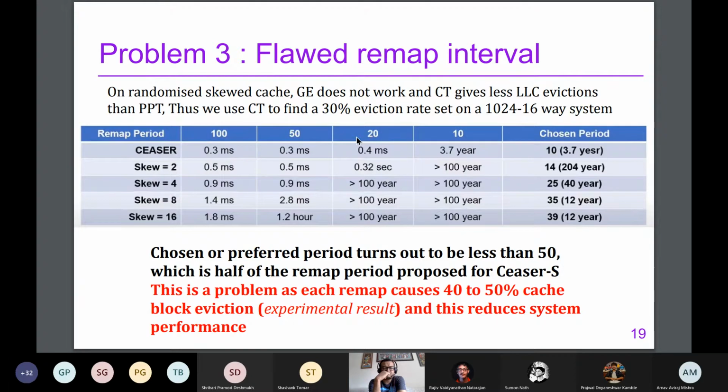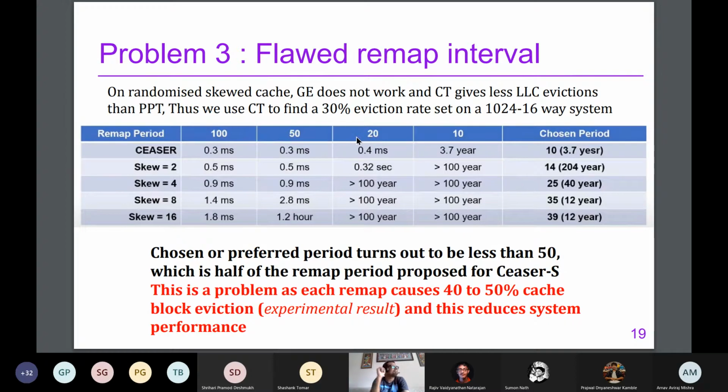Basically, it is the time which you might require to get that particular eviction set with a particular remap rate. Let's say your remap rate is 10 LLC count.